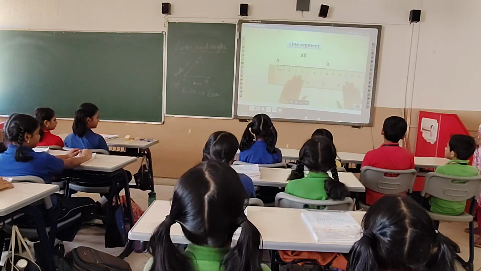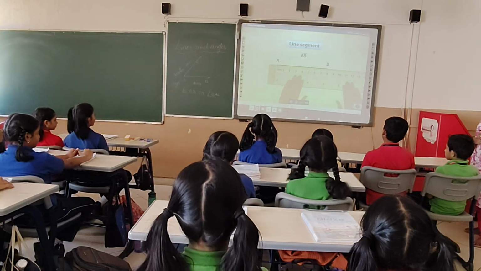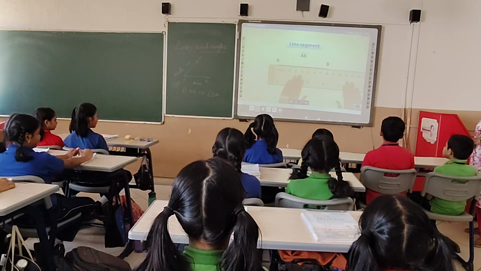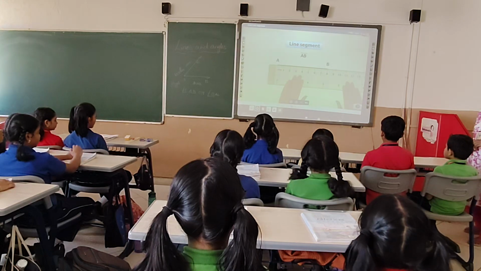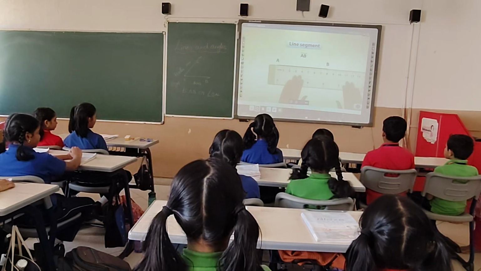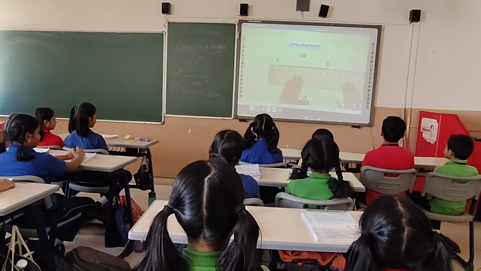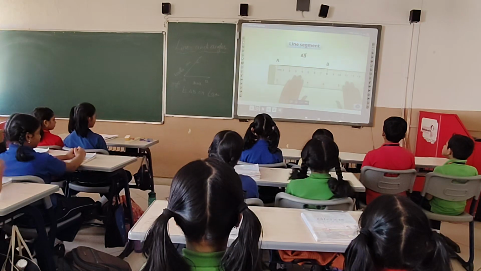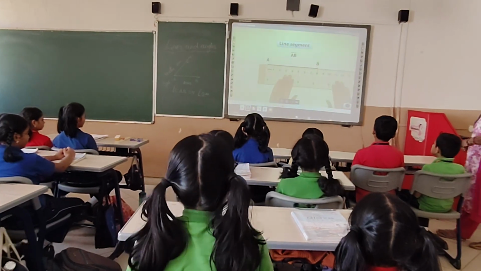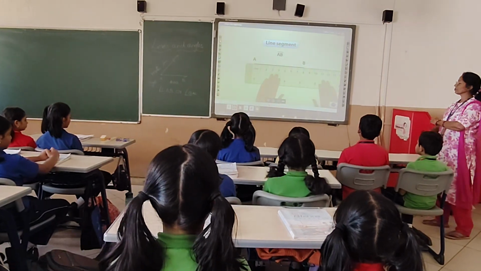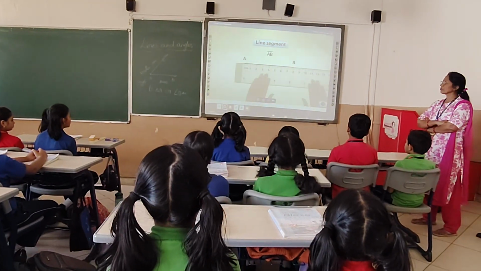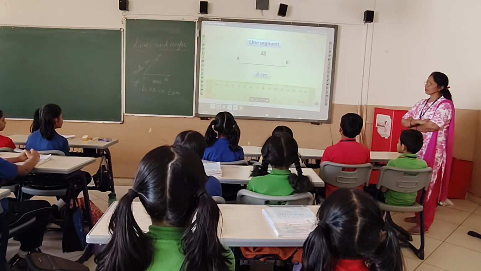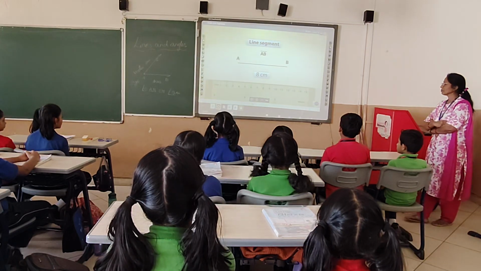Look, the zero mark is exactly below the starting point A. Now, making sure that the line segment and the ruler are properly aligned, let's read the marking on the ruler at the end point B. Look, the end point B lies exactly above the marking 8. This means that the length of line segment AB is 8 centimeters. You see, it's so simple to measure the length of a line segment using a ruler.